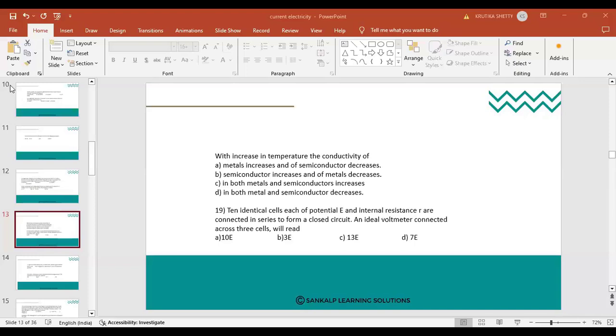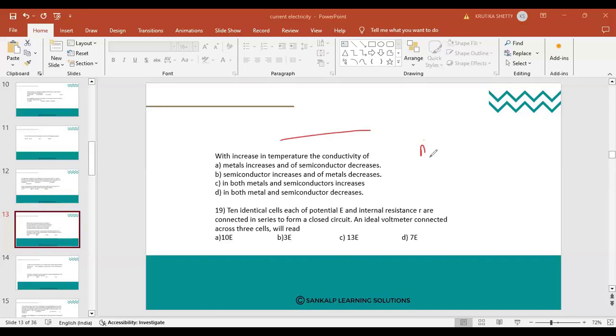Now for the 3 cells, n2 is equal to 3 and n1 is equal to 10. The potential is E and the resistance is R.